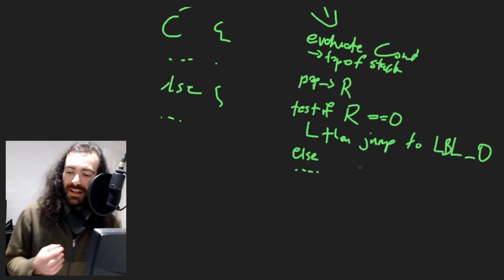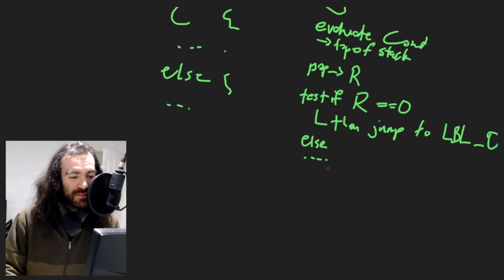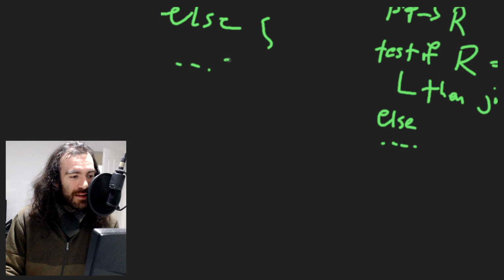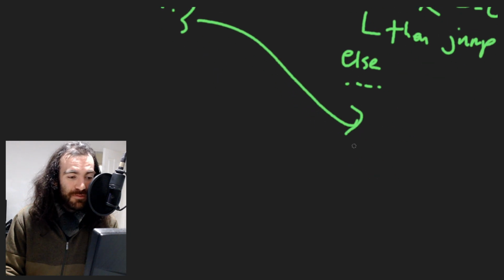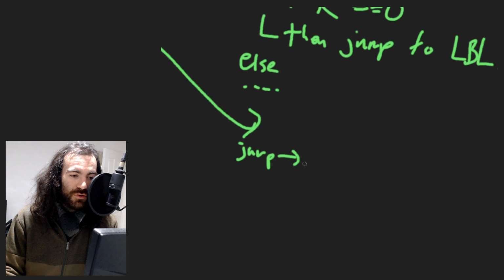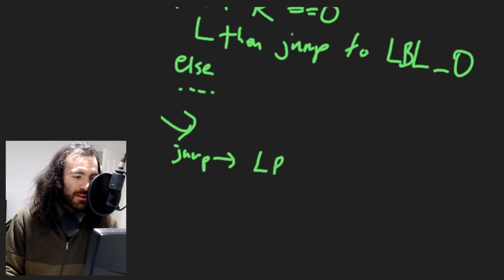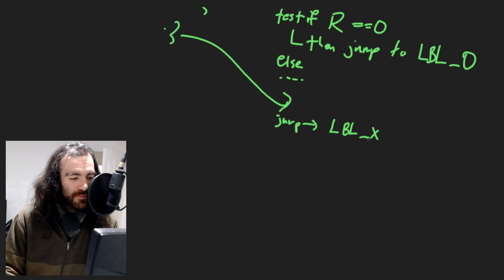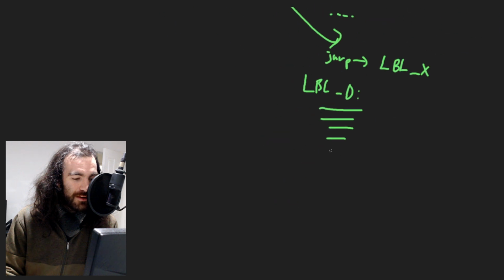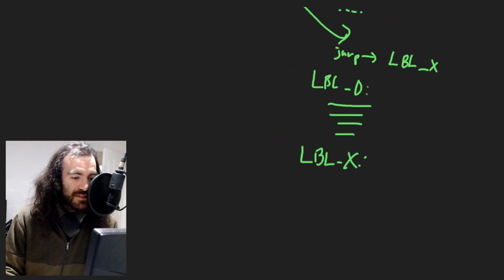If there's an else body, then this goes here, but if not, then we just jump to LBL, let's call it label X. Okay, then we have label 0 and the truthy part of the function, and then we have a label X, which is our jumping out point.